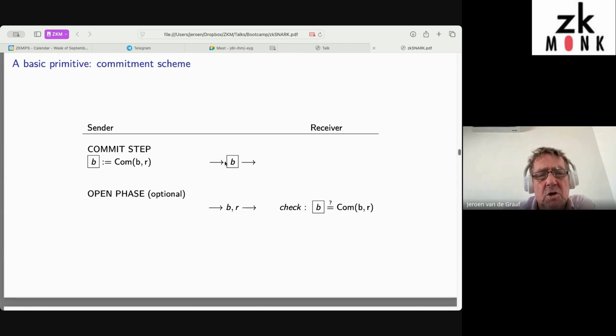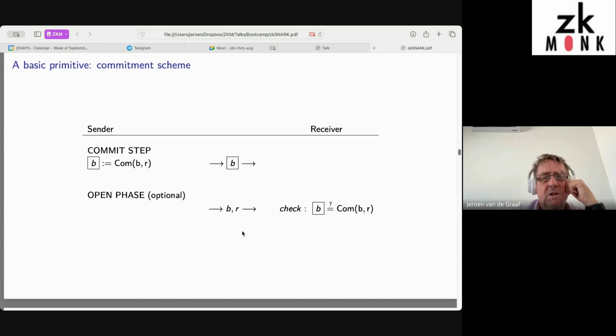Here I show the commitment using the value surrounded by a box. The box shows that it's been committed, that is, protected. Then you have the open phase. In the open phase, the sender sends the bit or value and the randomness, and the receiver can check that what he had received before corresponds to the content. So this is a commitment scheme.